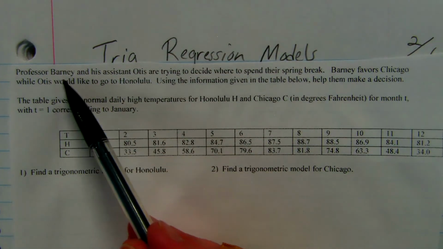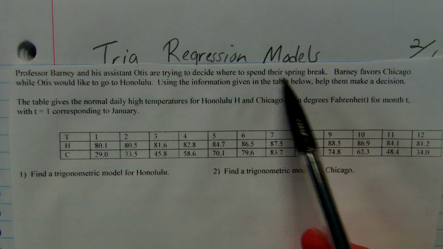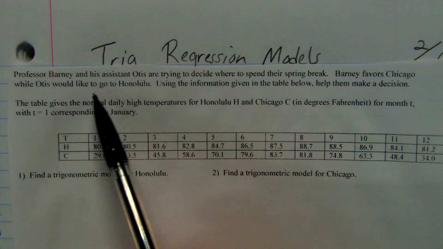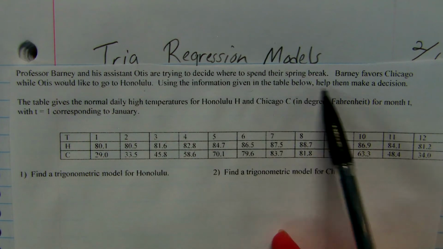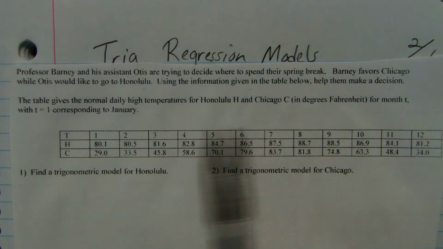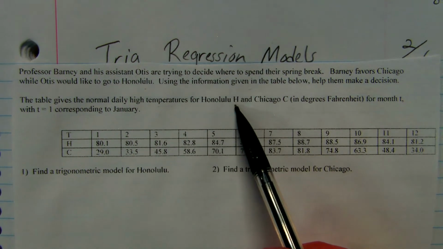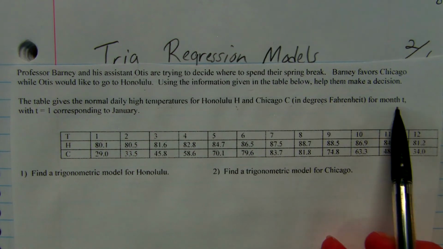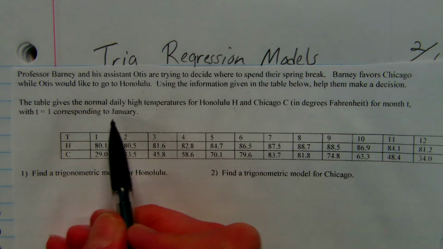So Professor Barney and his assistant Otis are trying to decide where to spend their spring break. Barney favors Chicago, while Otis would like to go to Honolulu. Using the information given in the table below, help them to make a decision. The table gives the normal daily high temperatures for Honolulu, H, and Chicago, C, in degrees Fahrenheit for month T, with T1 corresponding to January.